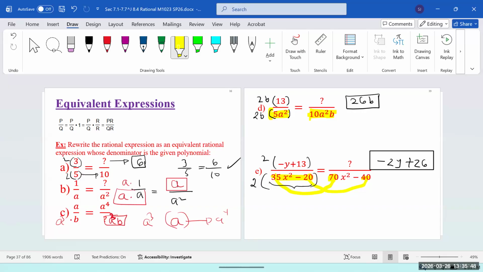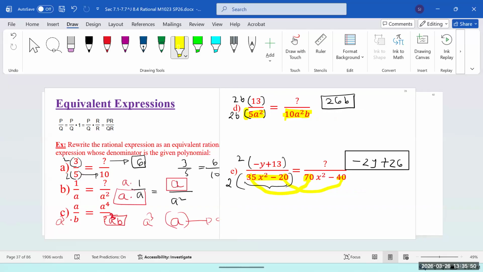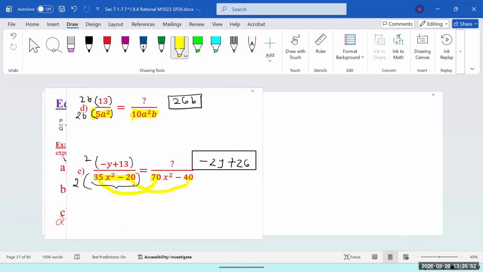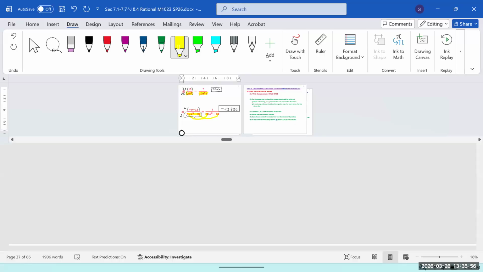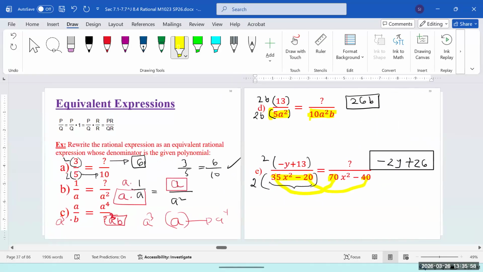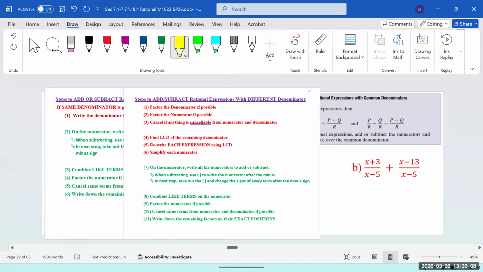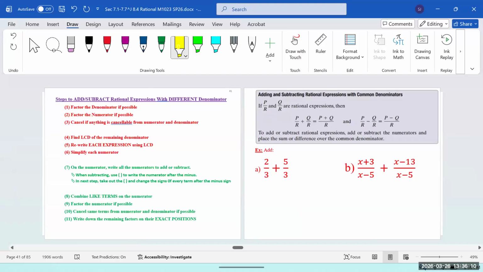Now I'm going to flip my page a few times. And we are going to start a concept called LCD.